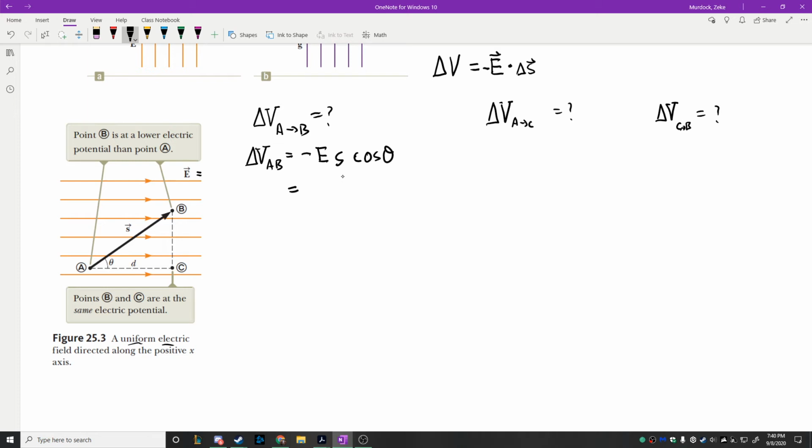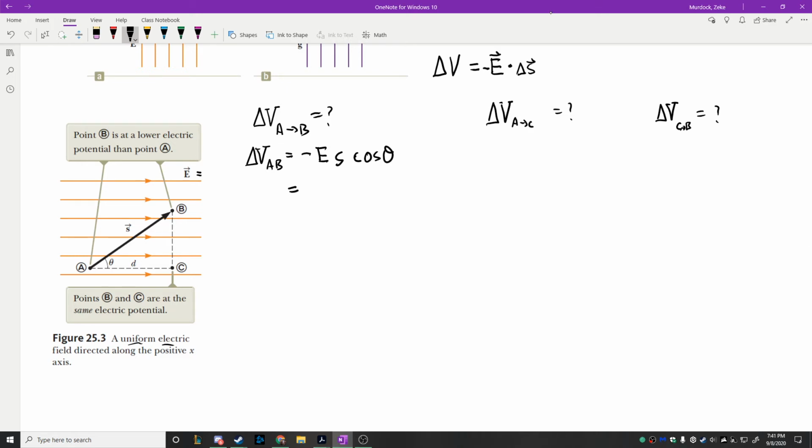Why was I able to remove the delta? When I do the dot product, the delta just represents the change in position, from here to here. It's being called S, so it's just the length of the line. There'd be nothing wrong with leaving delta S in here, as long as we recognize that after you do the dot product, it represents just the length.